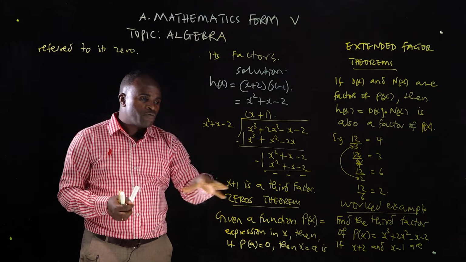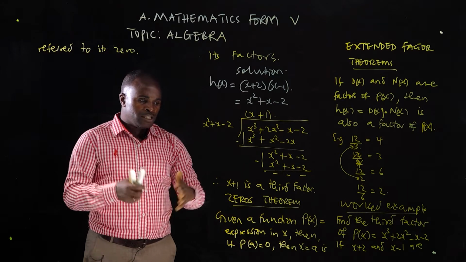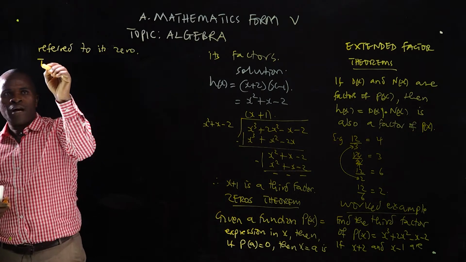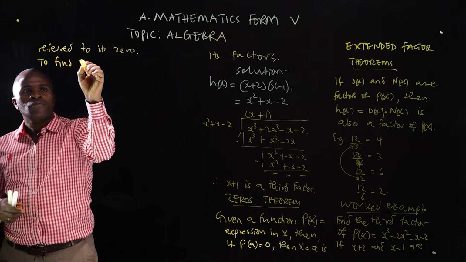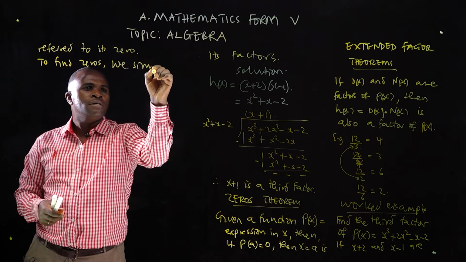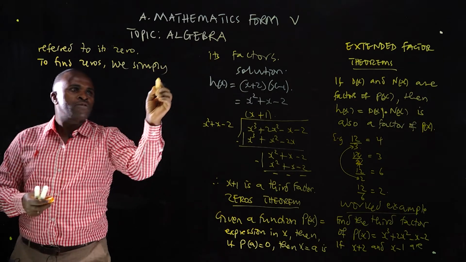We simply perform factorization and then set the function equal to 0. Then we say, to find zeros, we simply factorize.